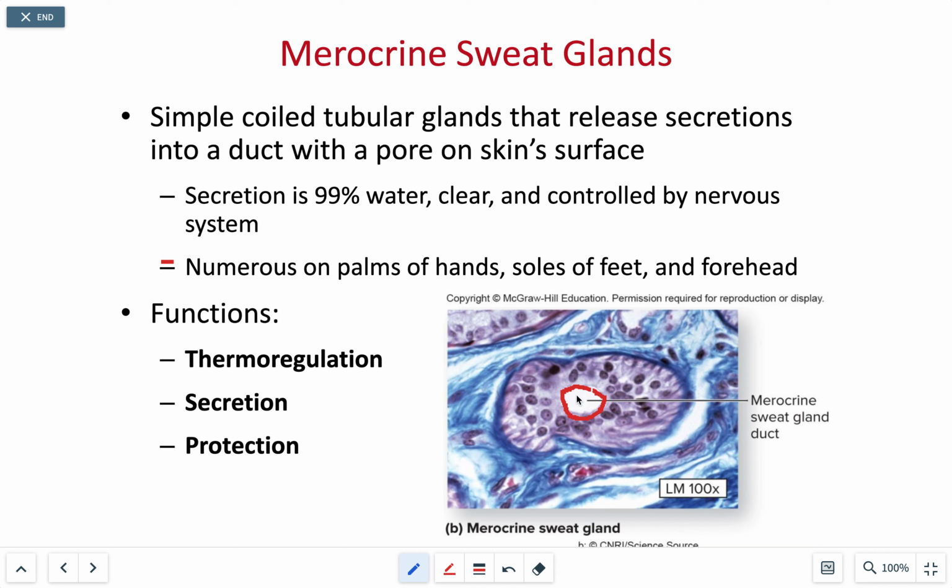Sweat is 99% water, but there's also 1% electrolytes. Electrolytes such as sodium and chloride can be present, and other waste products such as urea and ammonia can also be present. Their main job is thermal regulation.